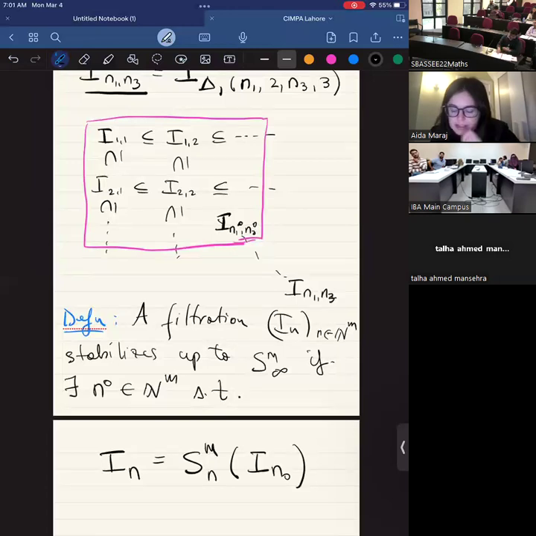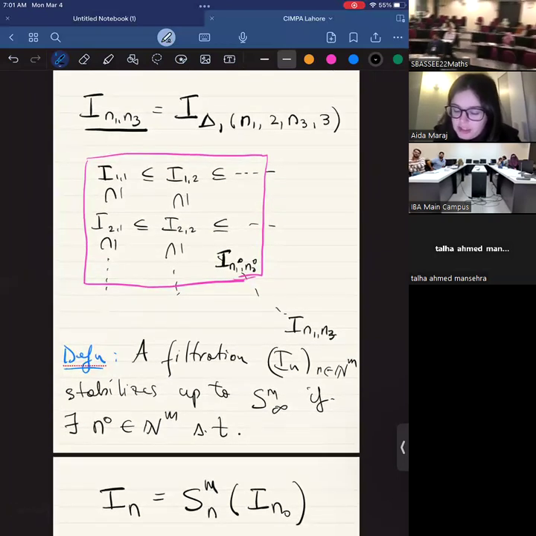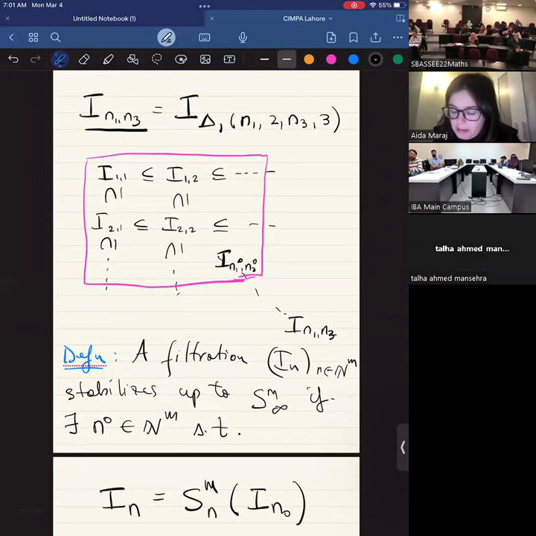In general, as I said in the definition of a filtration, we can apply S_n1 times S_n3 to this one, even though n1 and n3 are larger, and we land here.